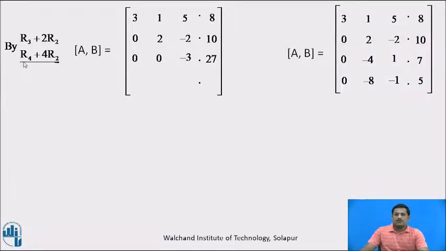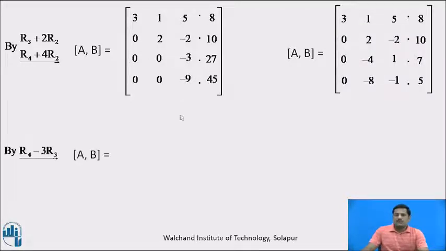Next transformation R4 plus 4R2, multiplying row number 2 by 4, we get all these entries. Now adding row number 4 and this corresponding row, obviously first two entries are 0. Next entry minus 1 minus 8 is minus 9 and 5 plus 40 is 45. So now we will move towards the next diagonal, which is minus 3, and we try to convert the elements lying below this minus 3 to 0 using this row number 3 only.